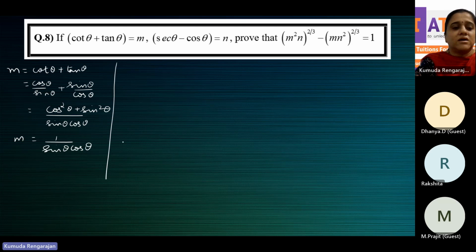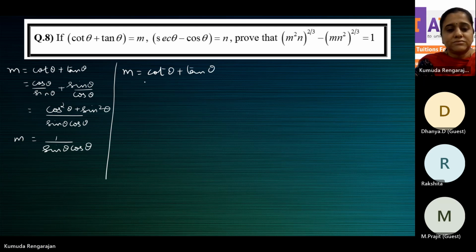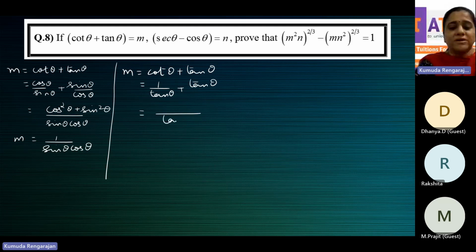Now supposing you do it like this. M is equal to cot theta plus tan theta, which is equal to 1 by tan theta plus tan theta. Tan theta is the common denominator, so 1 plus tan square theta, and 1 plus tan square theta is secant square theta.